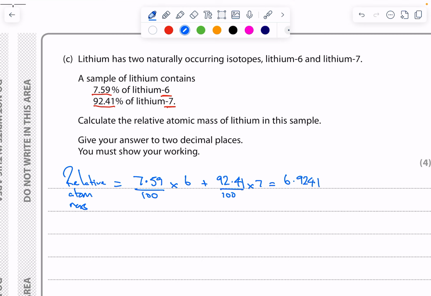I'm just writing all the numbers from the calculator because I noticed this question says give your answer to 2 decimal places. So there's the first decimal place, there's the second, and there's the third.